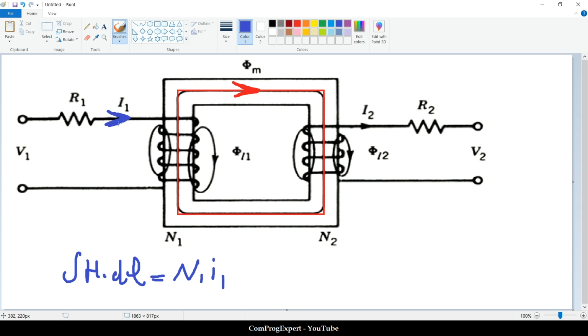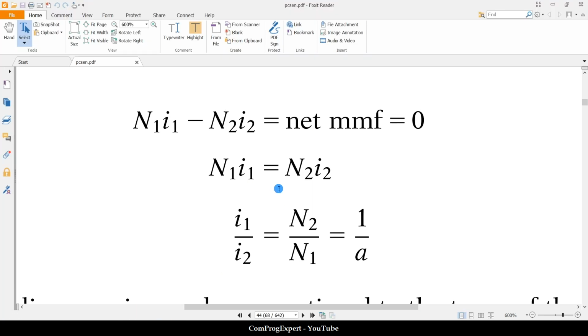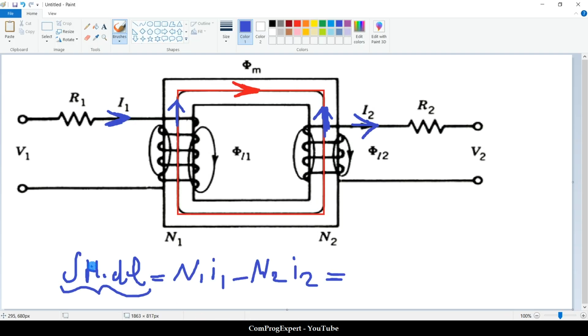The flux generated by this coil is in this direction, and the flux generated by this coil, this is the direction of I2, is in this direction, right? So this is in the direction of the flux, this is in the opposite direction. So we have negative N2 I2. This is equal to 0, right? Because we assume a core with infinite permeability and we don't have any magnetomotive force drop. The value of the H is 0 in ideal case.